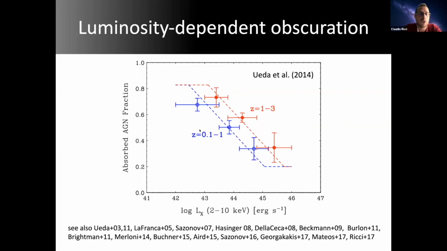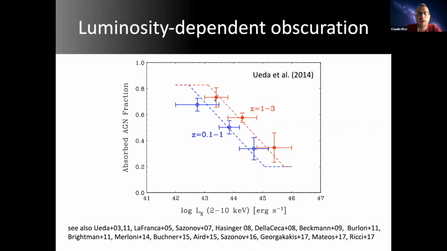This has been shown by many studies that have found that the absorbed AGN fraction decreases with the X-ray luminosity. And here again, I remind you that the absorbed AGN fraction, when we know well our selection function, or if our sample is complete, is a proxy of the covering factor of the obscuring material. So this plot is basically telling us that as one moves towards higher luminosities, less and less of the sky of the AGN is covered by this surrounding gas and dust.